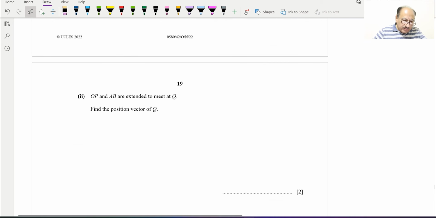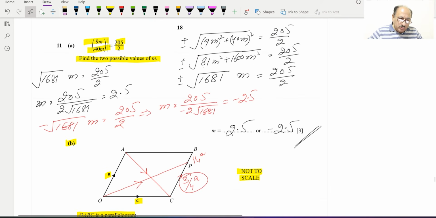Now next they are saying OP and AB are extended to meet at Q. Find the position vector of Q. So we need to extend, and I will extend this one, and this side we can extend this.